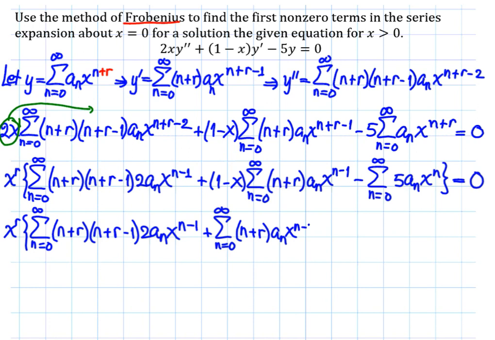And then when I multiply x to it, minus the summation from n equal to 0 to infinity of n plus r, a sub n. Now we multiply x to it, so pretty much we add 1 to the power. So that becomes just x to the n power. And then we have the minus 5, and that series is unchanged.